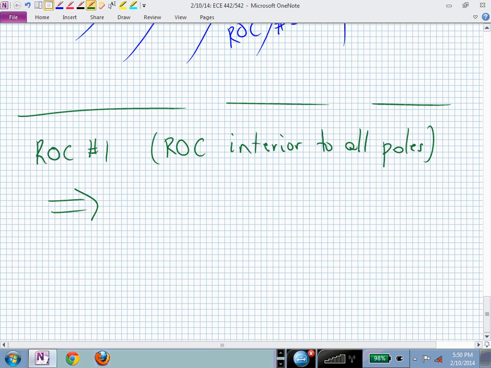And that means when I'm looking at the structure of the time domain waveform, all terms in the time domain structure are what?